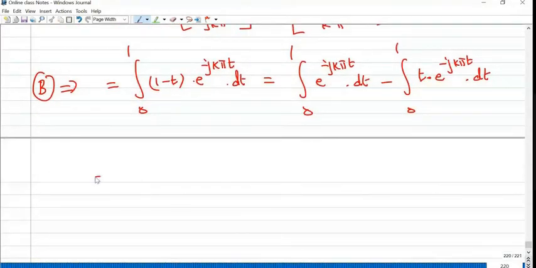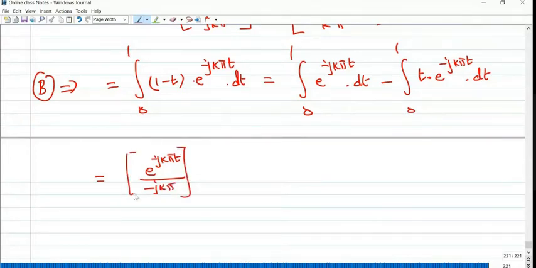Right. So e power minus jk pi t divided by minus jk pi. Integration limit 0 to 1. Okay. Minus. I'm putting minus common. Now UV formula. U integration v.